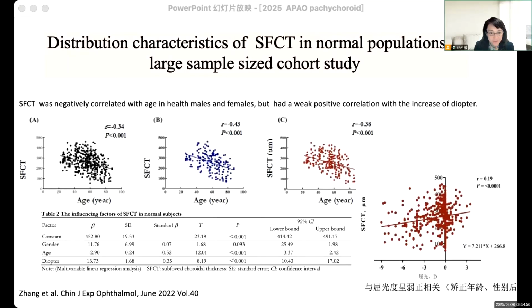Based on this large cohort, we further confirmed that the subfoveal choroidal thickness was negatively correlated with age in healthy males and females and has a weak positive correlation with the increase of diopter.